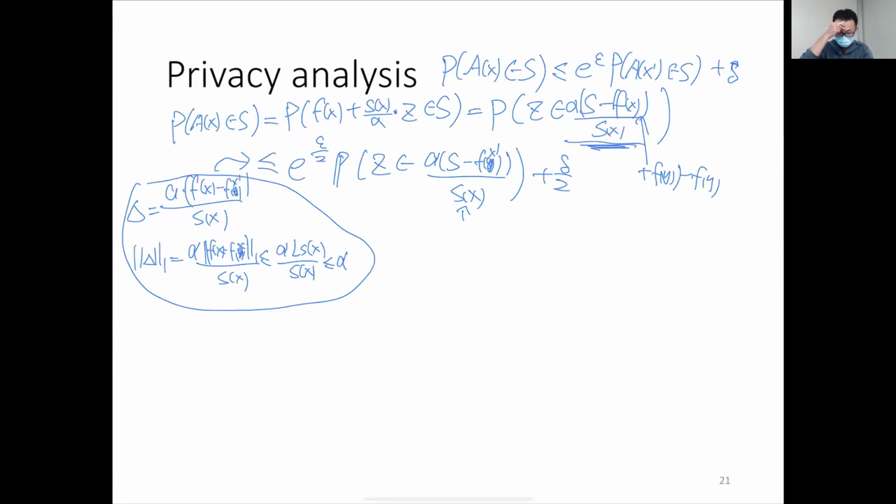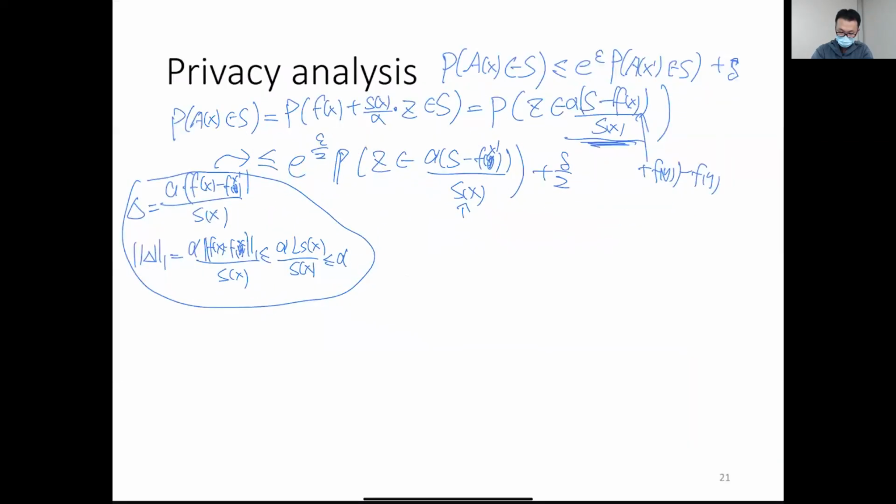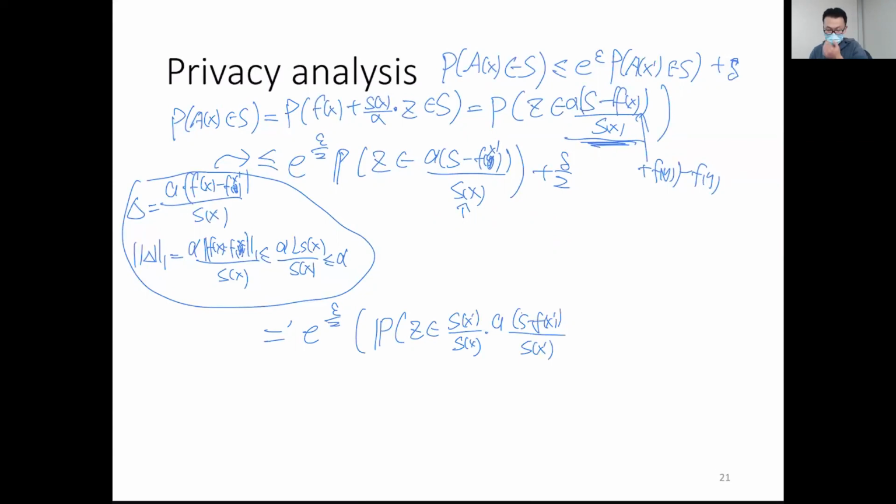Okay, so what we're going to do is to first rewrite this e to the power of half epsilon and P(z belongs to S(x prime) over S(x) multiplied with alpha times (S minus f(x prime)) over S(x prime)). I'm basically multiplying S(x prime) and dividing S(x prime), right?